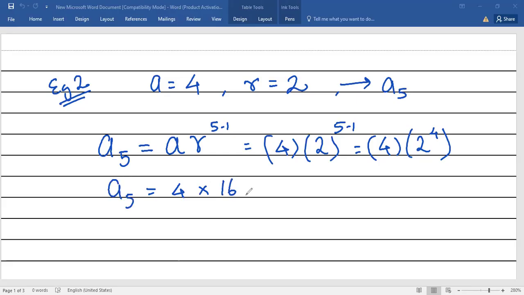So 64 will be our fifth term. Similarly, we can find the sixth term, or any term, by using this formula.